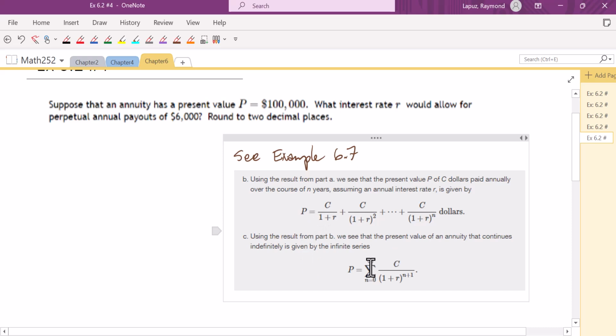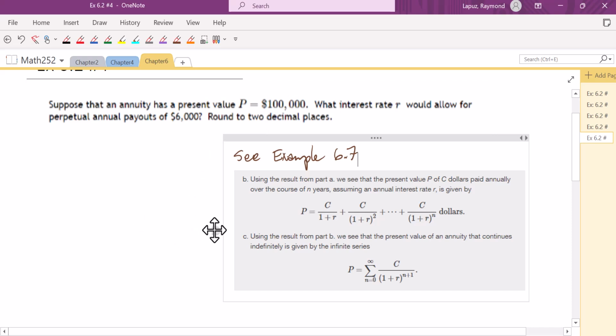And so we can take a look at that present value to equal an infinite series of C divided by 1 plus R raised to the n plus 1 power. And so this is the formula that we'll need for this particular problem, because we're looking for the interest rate R that would allow a perpetual annual payout of $6,000 given a present value of $100,000.